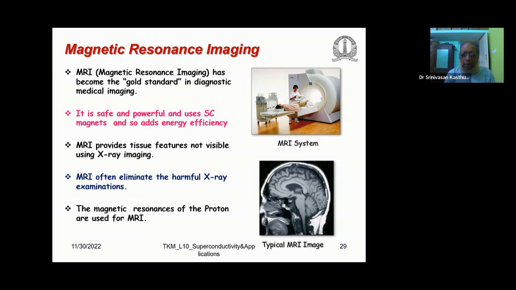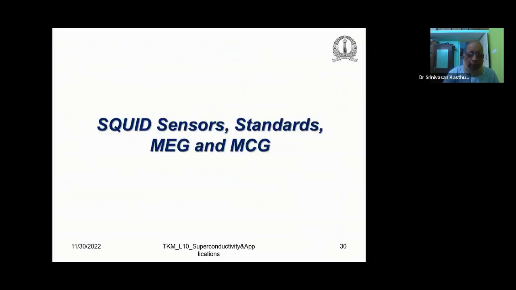In this way, you will be able to get the sectional images, which can be reconstructed to a total image of the skull. So MRI is useful to detect problems, or the locations where malignancy has occurred, etc. These things are possible to see in an MRI.